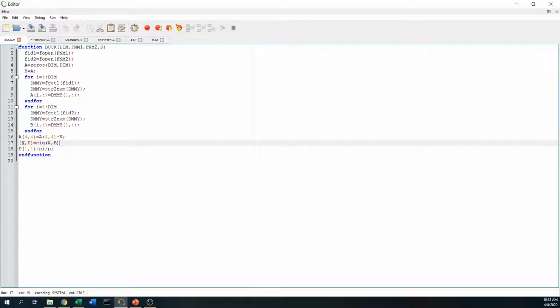In this eigenvalue analysis, we have the V, which is going to be the eigenvector. The P is for the buckling load, and we execute it from eig(A, B), so A minus B times P, the eigen buckling load.